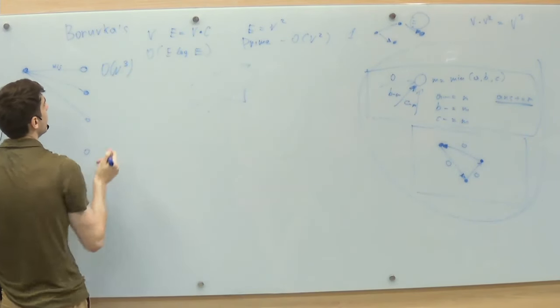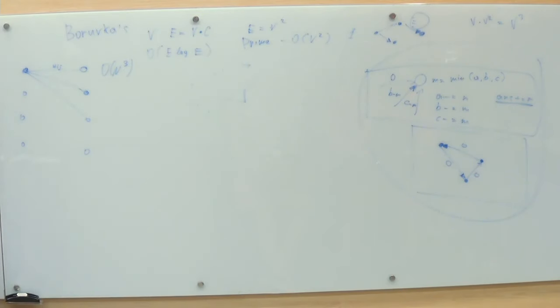I will not cover the Hungarian algorithm itself right now, but I can show you how you can solve this problem in these asymptotics without the Hungarian algorithm. Do you know how to do it? Using just the flow algorithm.